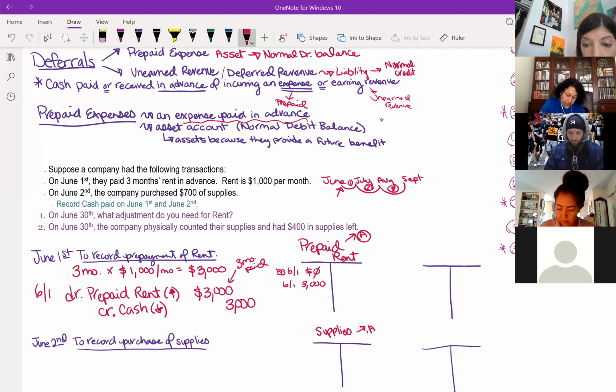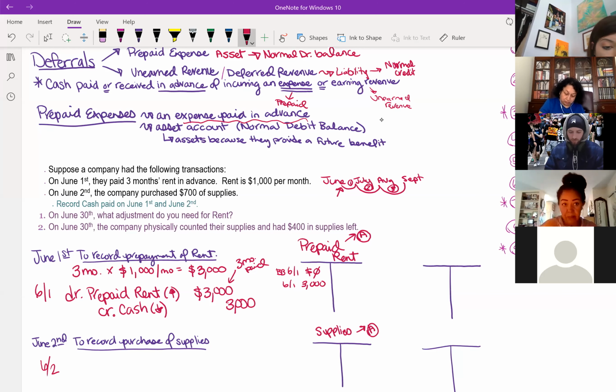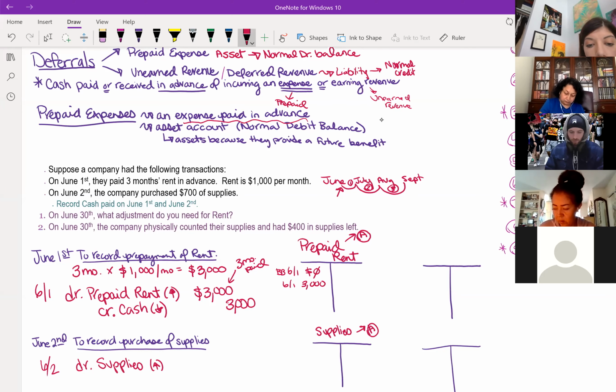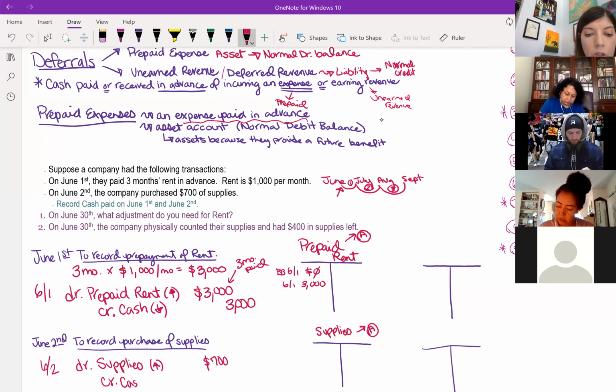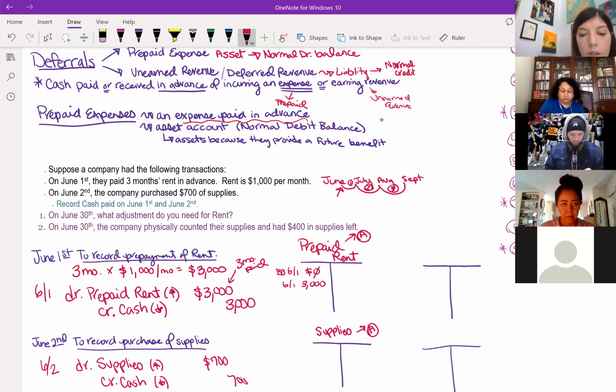How do I increase an asset account? Debit. Correct. I debit the account, so debit supplies. I now have supplies to be used in the future worth $700. And I'm going to credit cash because we paid out cash, reducing cash by 700.